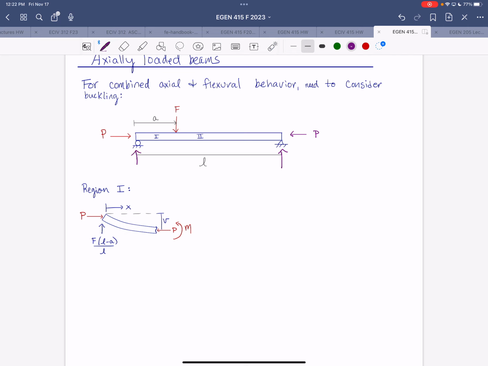The vertical reactions, from the equilibrium equations, would be on the left end capital F times (L minus a) divided by L, and on the right, capital F times a over L.